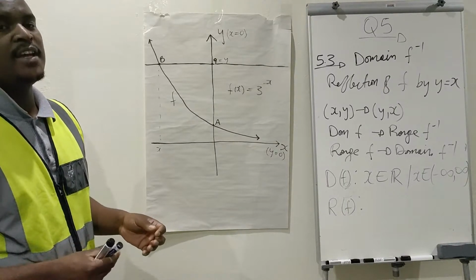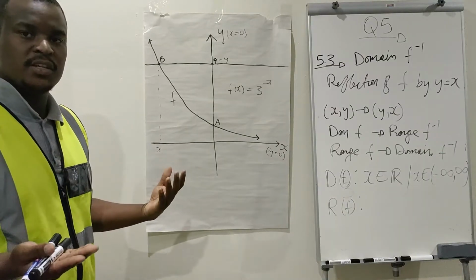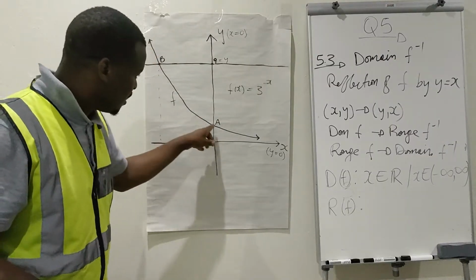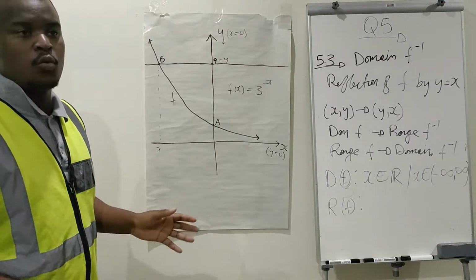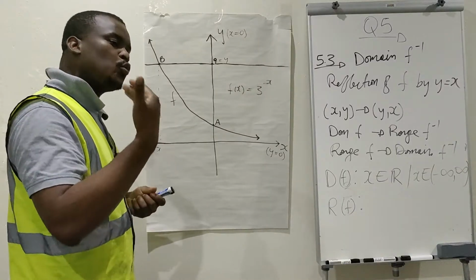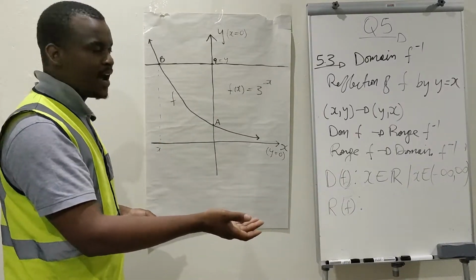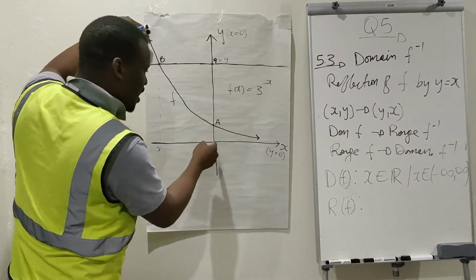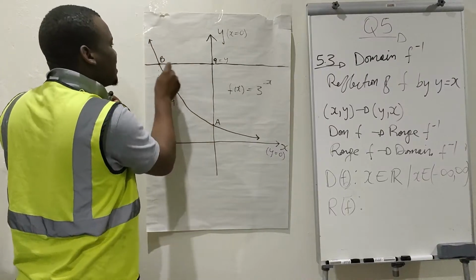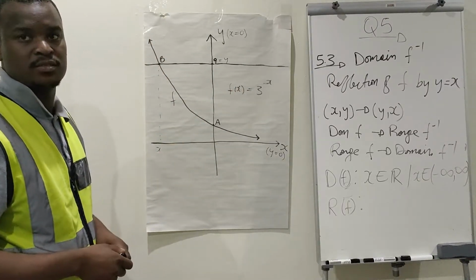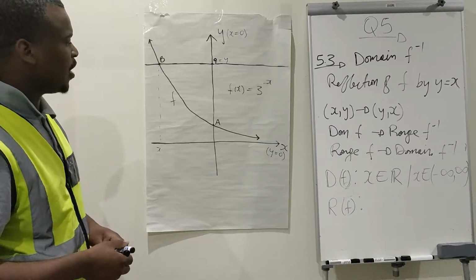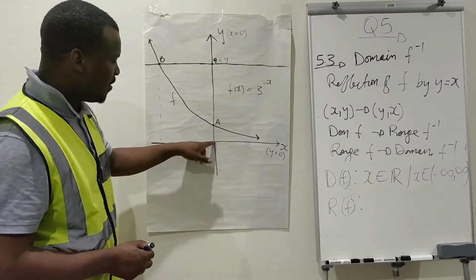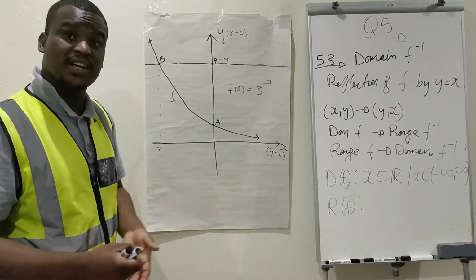The range is the collection of all the y values that you get by substituting the x values, which means it is the set of all values to which your function is mapped, right? So this function of ours uses all the y values that are above 0, because for any y value above 0, you can always find a corresponding x value.